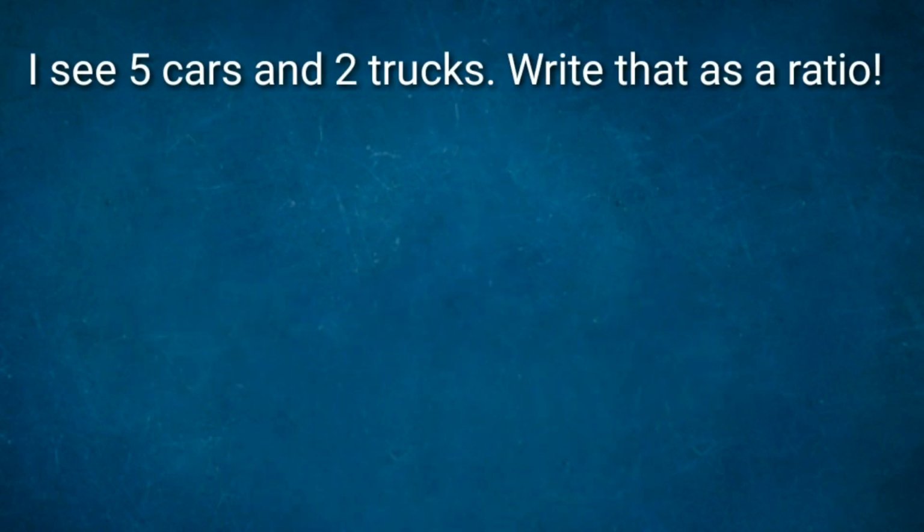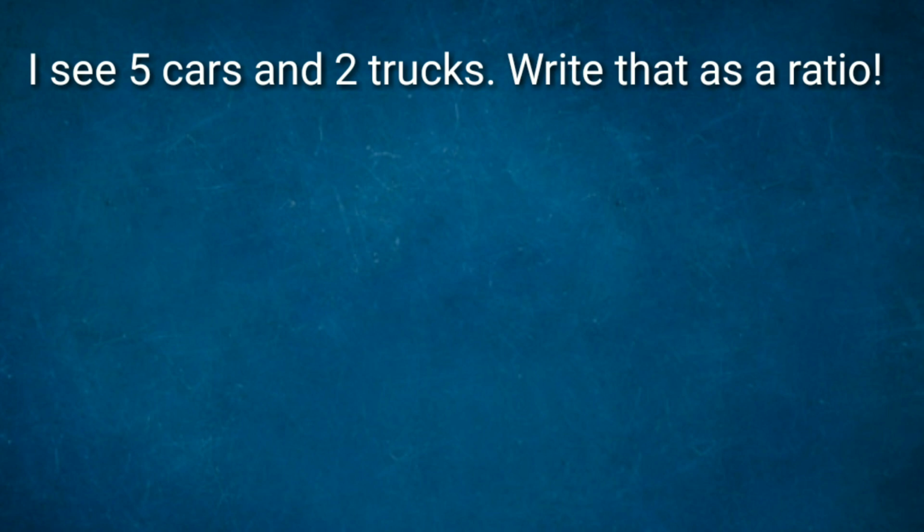Okay, next I will give you an example. I see 5 cars and 2 trucks. Write that as a ratio. Okay. If the question says car first and then truck, so we put the number of cars first and the second is the number of trucks.